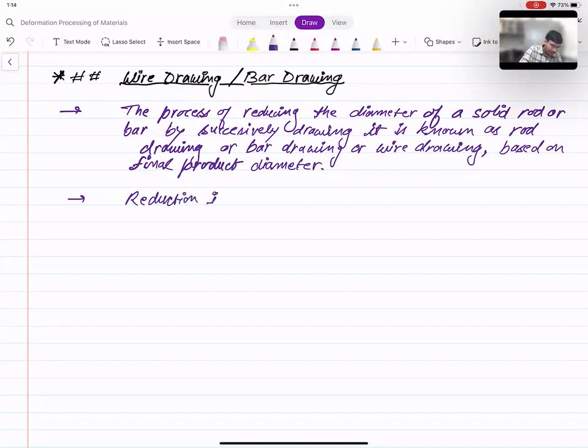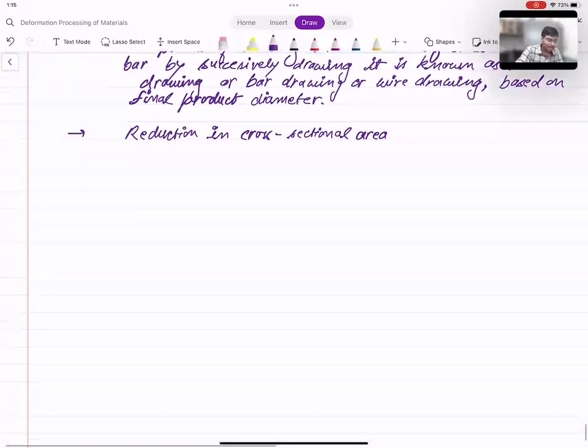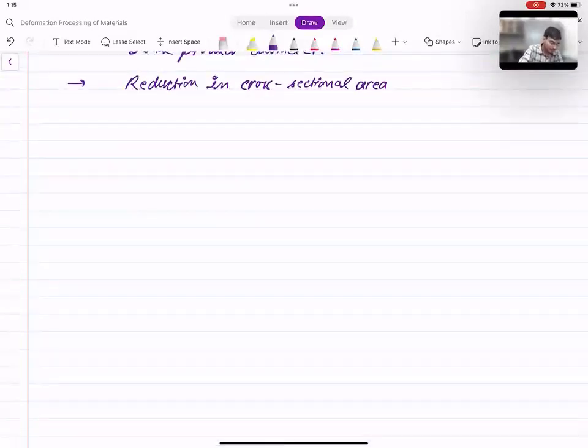So let us see the schematic representation now. Also remember here the dies are sometimes called as bells. Bells or dies mean the same thing here.